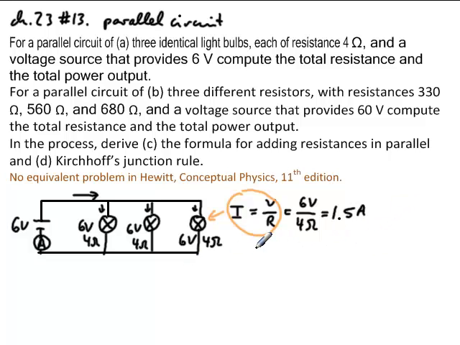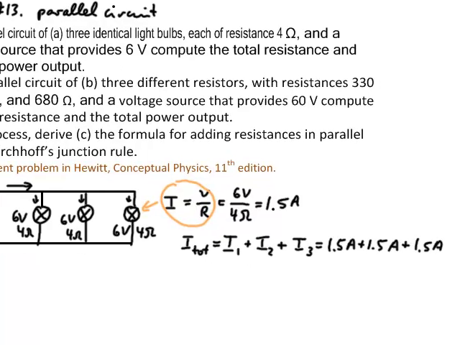So that means that the total current needs to be added up as the current flowing through the first and the second and the third, which is 1.5 plus 1.5 plus 1.5 in this case. And that equals, of course, 4.5 amps.